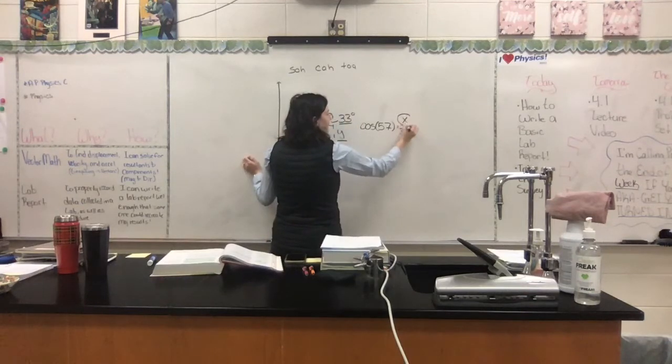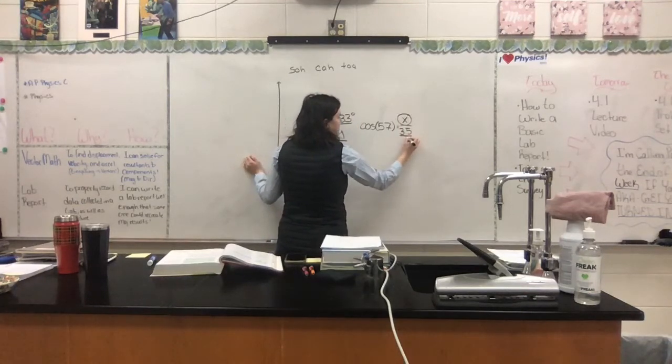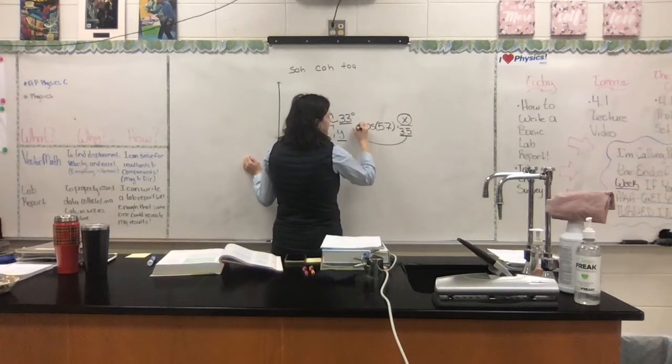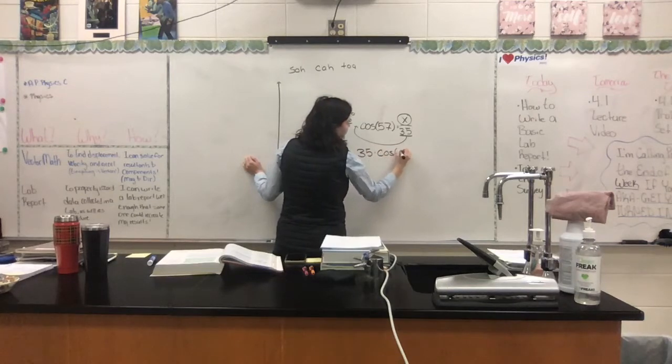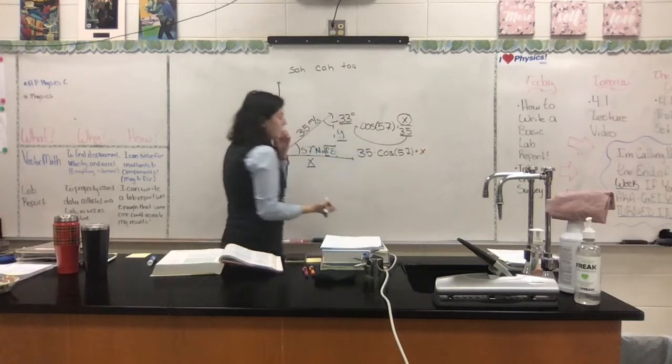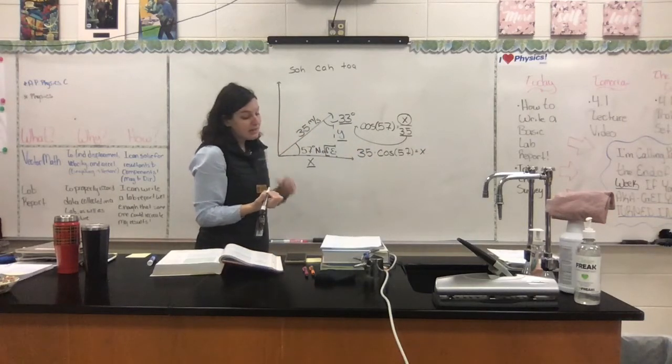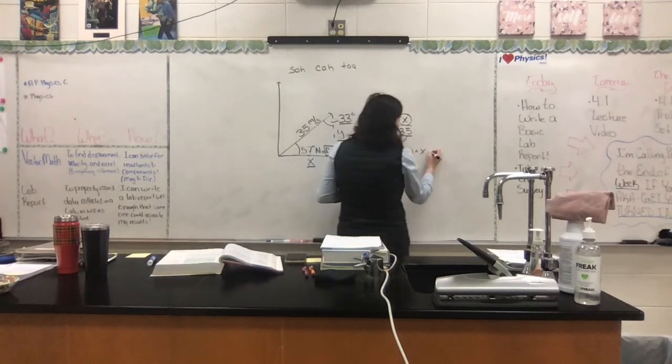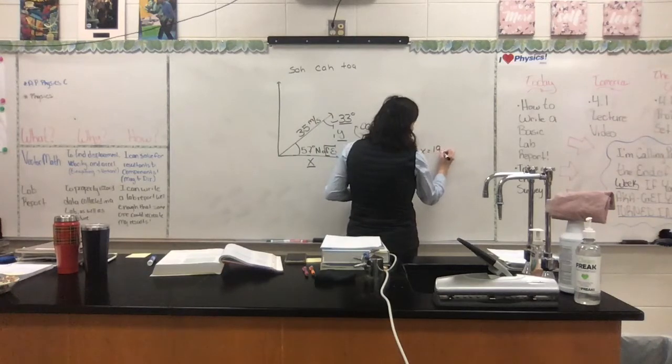Okay, now to solve for x, all I need to do is take this 35 and multiply it by this cosine of 57. So I'm going to have 35 times cosine of 57 equals x. When we type that in, we end up finding that x is equal to 19.1 meters per second.